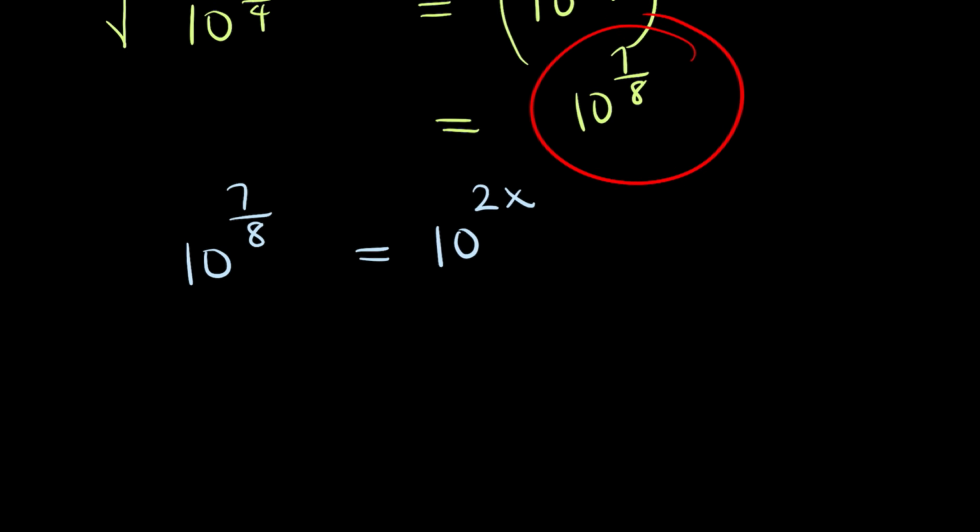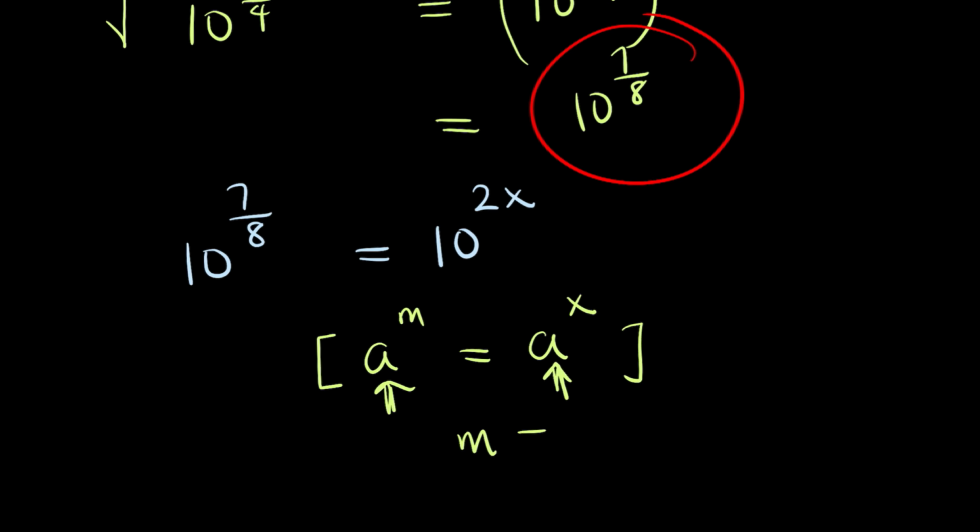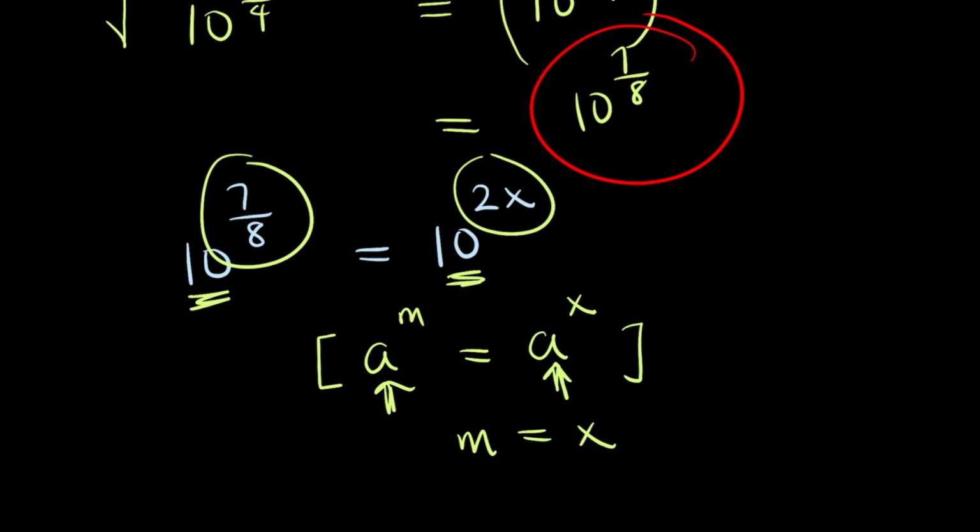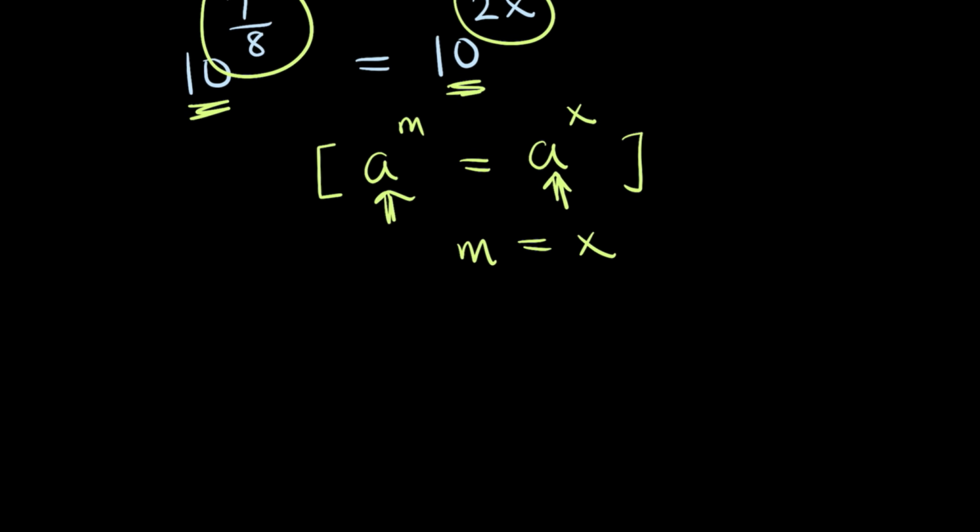Now there's a basic law of indices that says that when you have a raised to power m is equal to a raised to power x, as long as the bases are the same, then the powers are also the same, meaning m is equal to x. This implies that since this is 10 and this is 10, then the power 7 over 8 is equal to 2x. Therefore, we say 2x is equal to 7 over 8.